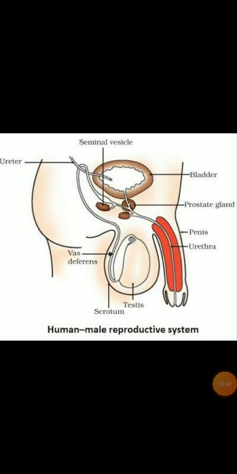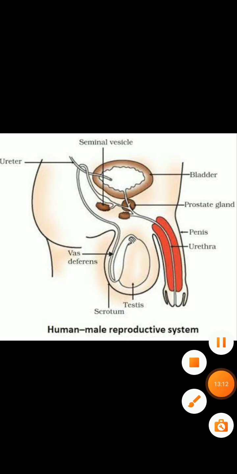Then there are glands. One, the prostate gland, and then we have the seminal vesicle. What are the functions of these glands? These glands, like the prostate and the seminal vesicle, add their secretion, and this secretory fluid provides nutrition to the sperms.